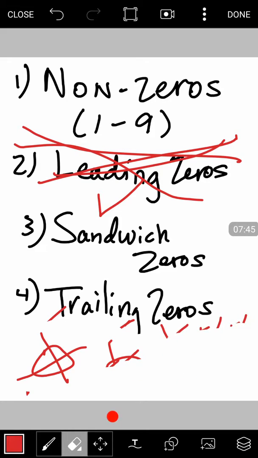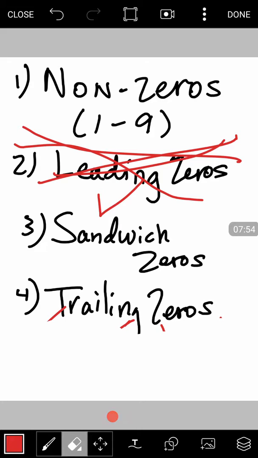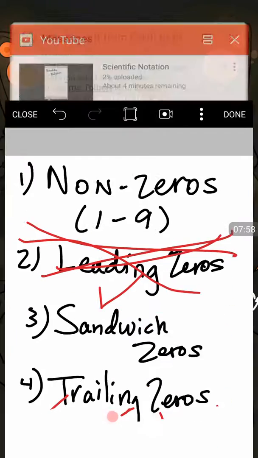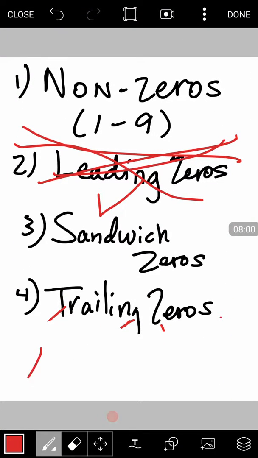Now, the last situation: trailing zeros. These are zeros that are in the back of a number. You're trailing behind. Like the number 1,000 or 100. Let's just do 100. So trailing, we're talking about zeros in the back.